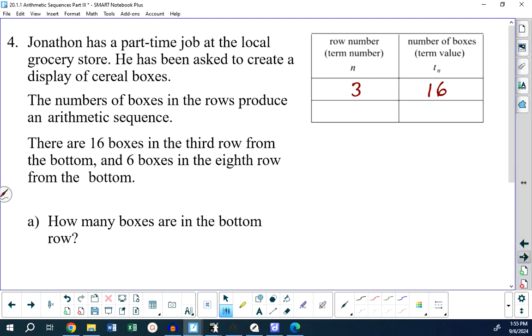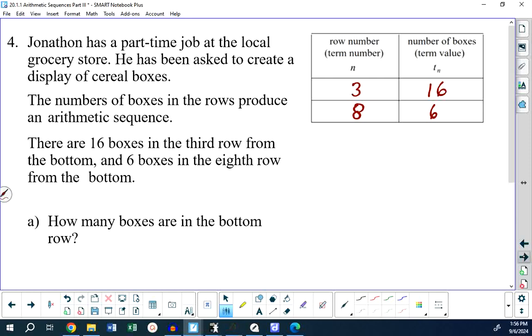And there are 6 boxes in the 8th row from the bottom, so when n is 8, the 8th row is the 8th term. The number of boxes is 6. Can everyone appreciate that the common difference must be negative? Right? Okay.